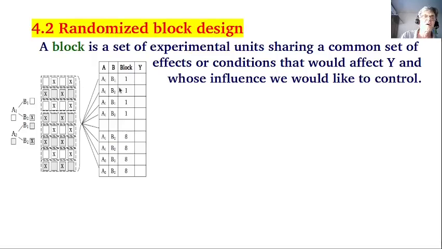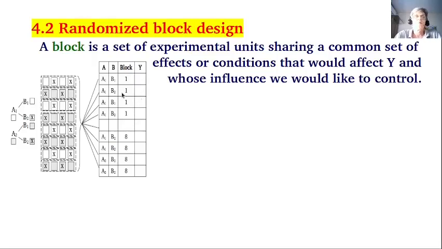So we need to make up a data table in which we have the experimental factors A and B, the levels of which we apply to each of the sampling units, and the block to which each sampling unit belongs or is associated with. Block is a categorical explanatory variable. And here are the measured values of the response variable.